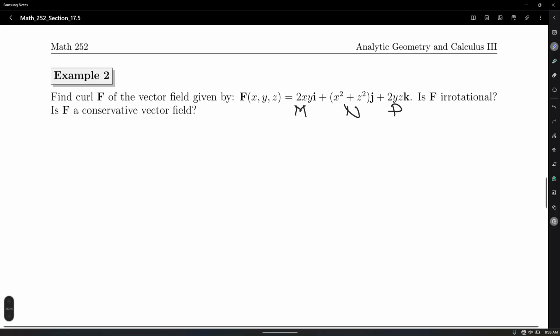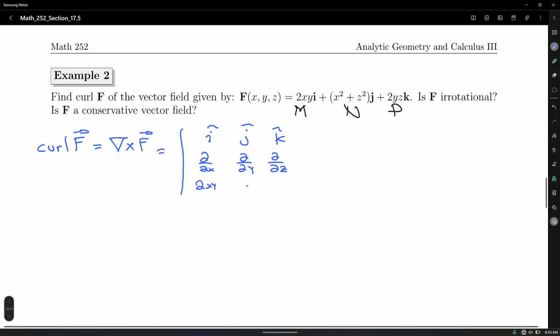We want to calculate the curl of F, which is nabla operator cross F. So this will be the determinant of the matrix i, j, k, and the operators partial with respect to x, partial with respect to y, partial with respect to z. And these are the components: 2xy, x squared plus z squared, and 2yz.